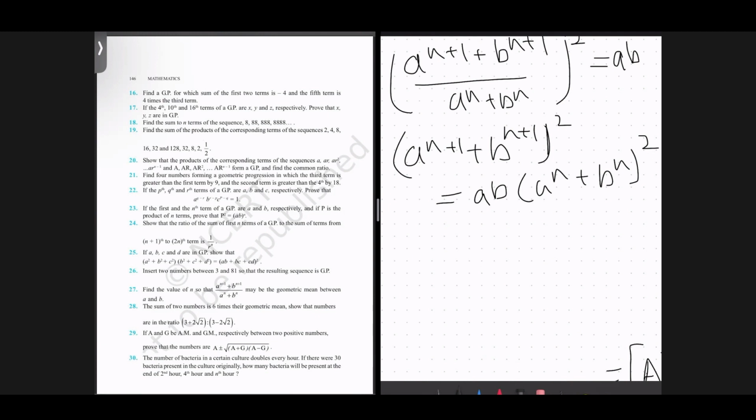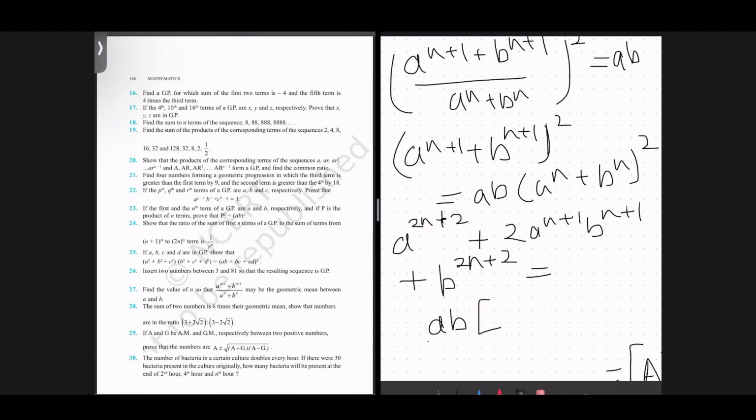So what we are now left with is a raised to the power 2n plus 2. I have done nothing but just multiplied n plus 1 into 2, plus 2 times a raised to the power n plus 1 b raised to the power n plus 1 plus b raised to the power 2n plus 2 equal to ab.